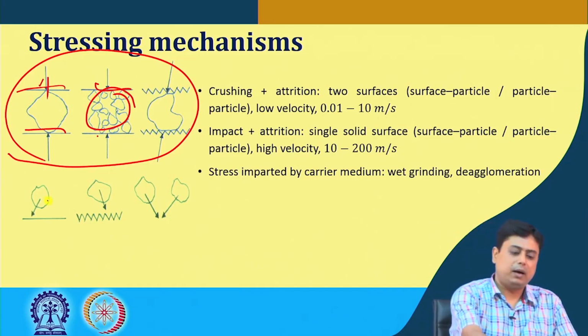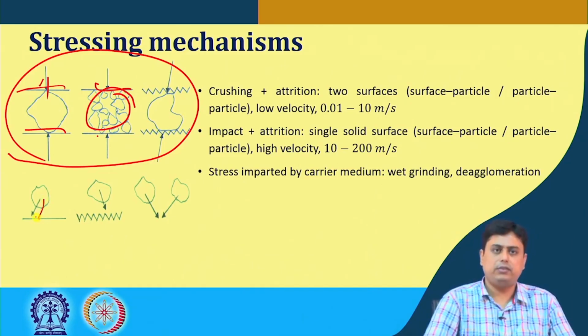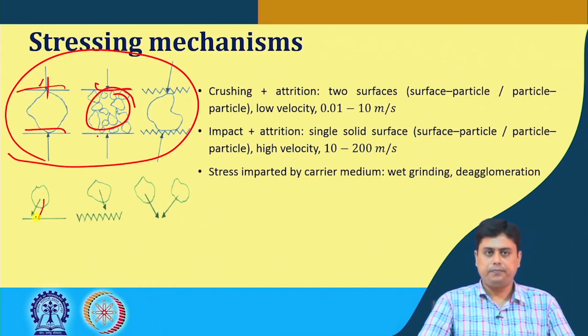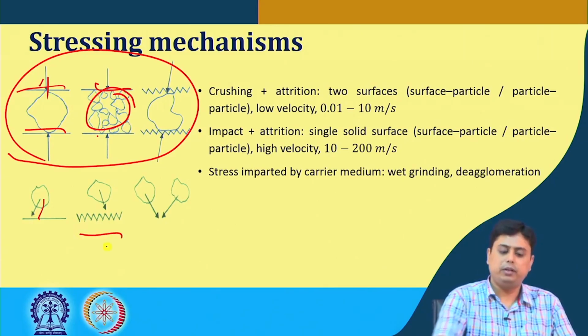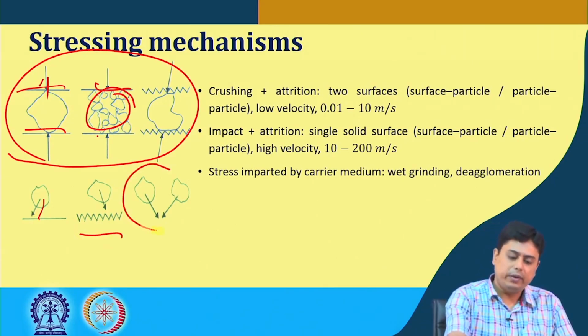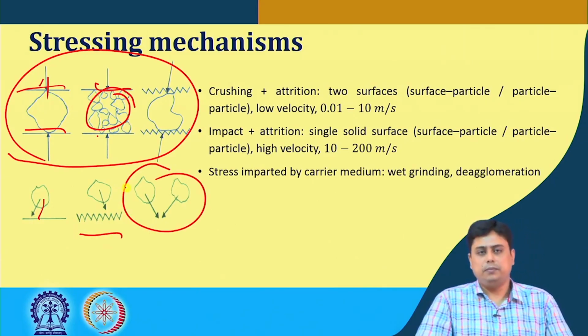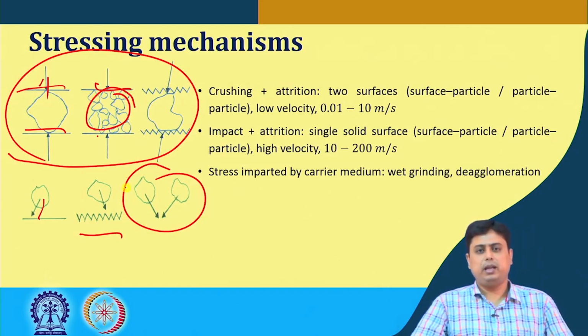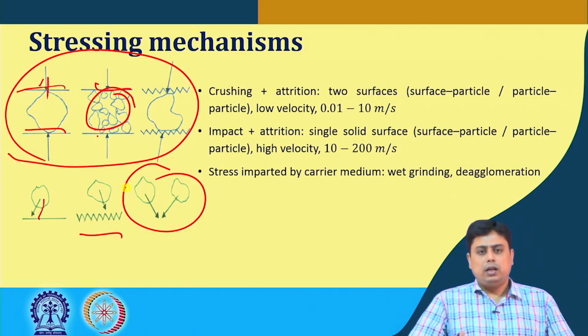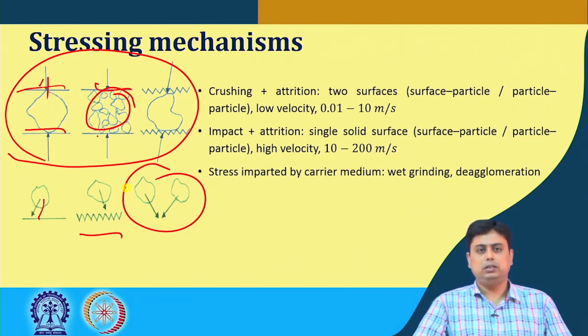Either the solid particle hits the surface or that surface hits the solid particle, be it a solid or the fluidic media, or fluid when there is a high velocity of the fluid and the particles are being carried. There the particle-particle attraction or the attrition will cause this size reduction to happen.